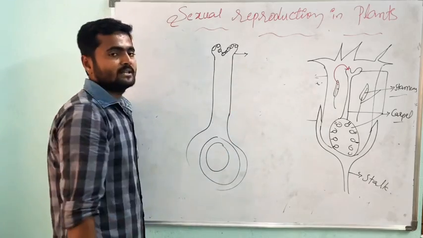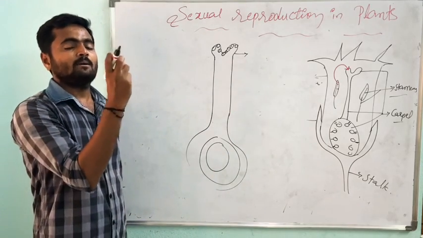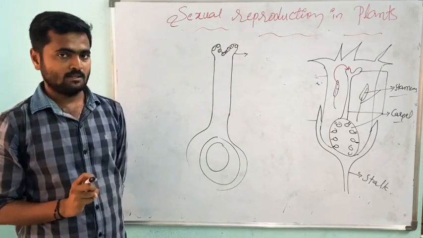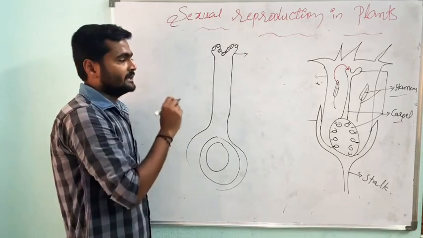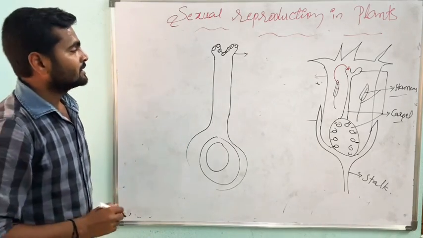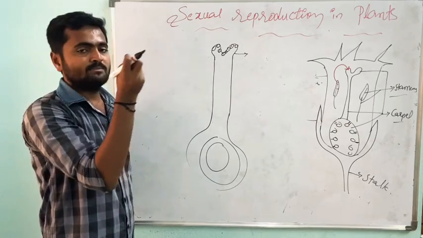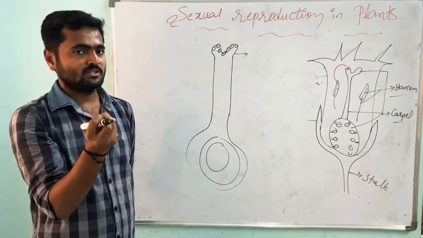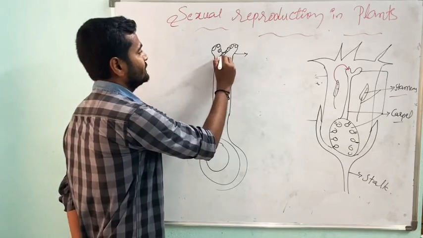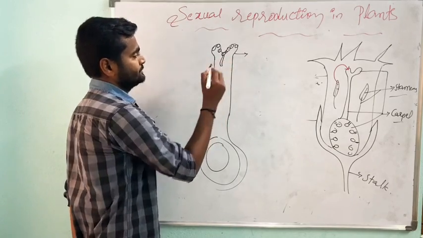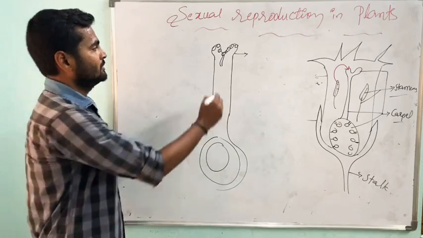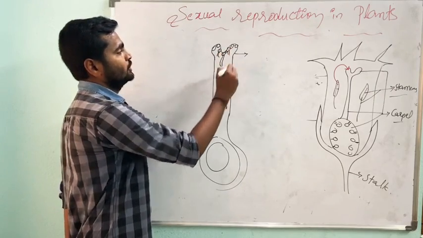These nutrients help in the germination of pollen grains. Whenever pollen grains reach the stigma, they absorb the nutrients and sugar solutions and start germinating, producing the pollen tube.